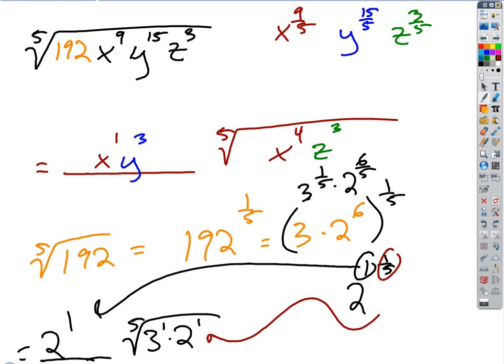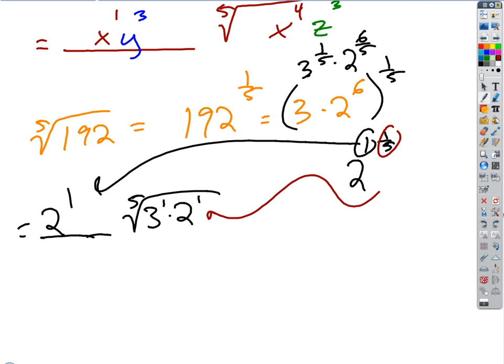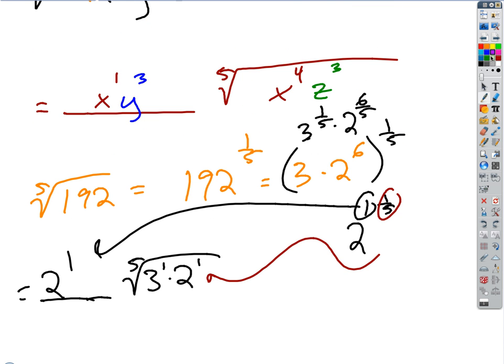Same deal. If we had x to the 9/5, you all told me that's x to the 1 and 4/5. Well, what if it's a 2 instead of an x? If I have a 2 to the 6/5, that's 2 to the 1 and 1/5.